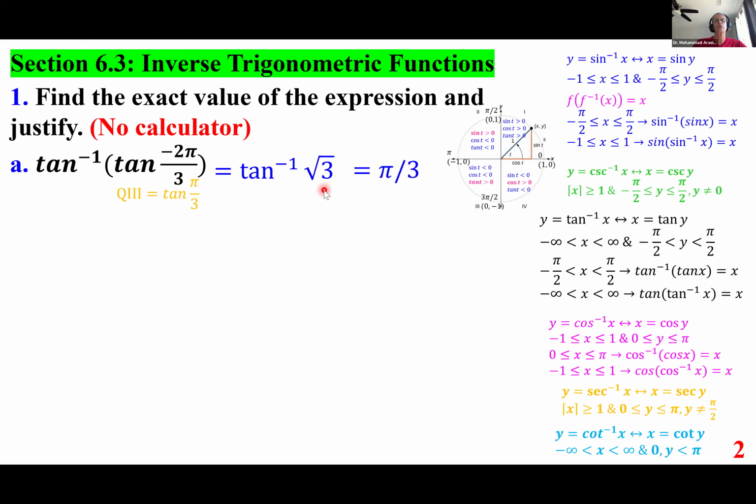We look at more examples. Secant inverse of square root of 2. We have no idea what it's equal to, let's say. So we set it equal to some variable, for example, alpha, beta, gamma. By definition, it means secant of alpha must be square root of 2, by definition of inverse function.